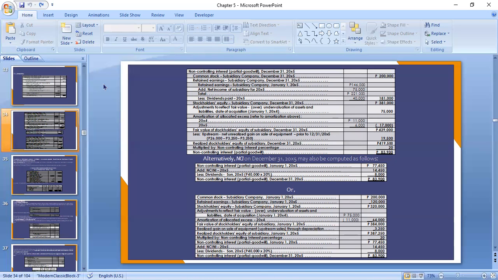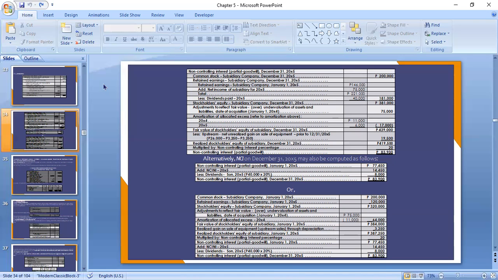We have to refer to amortization above in the amount of 11,000 in 20x4 and 6,000 in 20x5. So we have now a total of 17,000, the amortization of allocated excess.